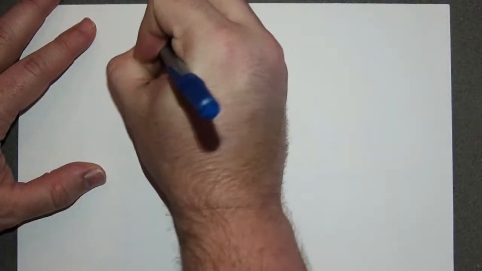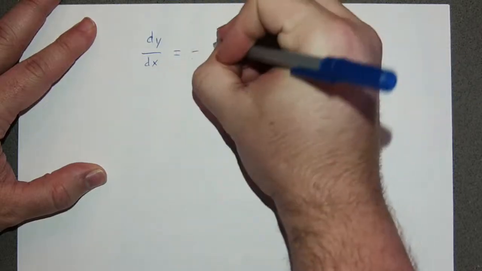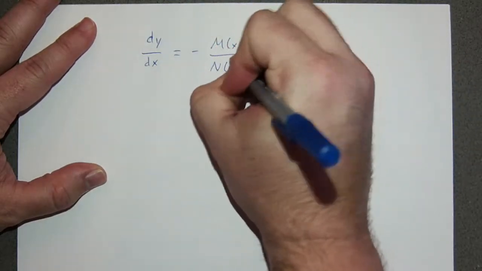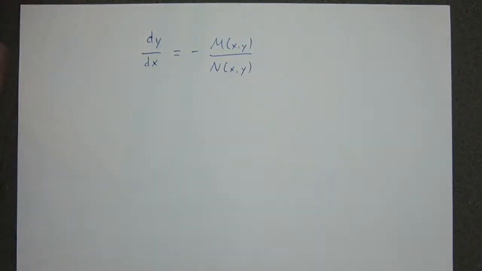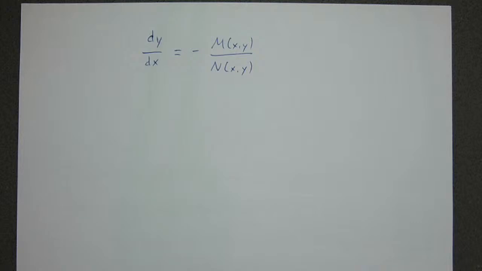So let's write out our equation and claim that we're restricting our attention to equations that look like this, where M and N are some functions of x and y. Now, what I'm going to do is treat this as I did previously, where I treat dy/dx as an honest-to-God fraction.